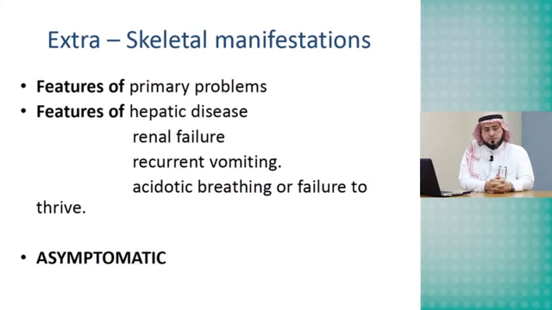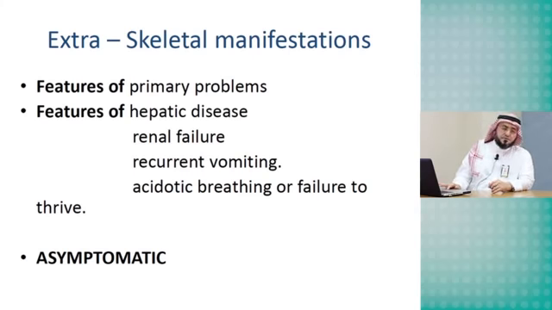During examination of the child with rickets, we should also examine for other manifestations. For example, if this child has hepatic rickets, we have to examine the liver. If this child is on anticonvulsants, we have to examine the CNS manifestations.